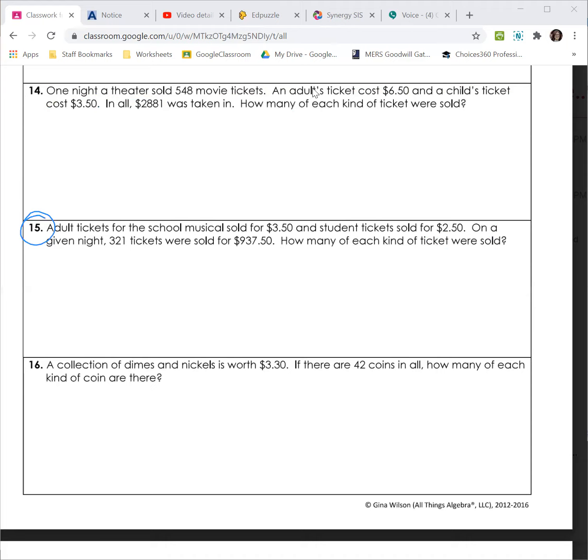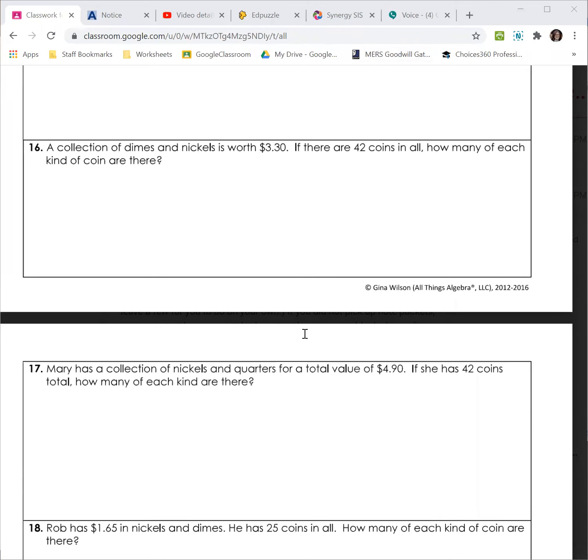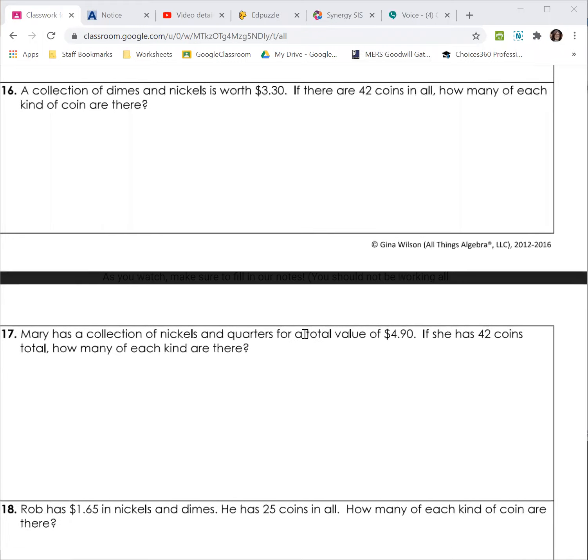And I am going to do number 16 now. Let me move this up and make it a little bit bigger. A collection of dimes and nickels are worth $3.30. There are 42 coins in all. How many of each kind are there?